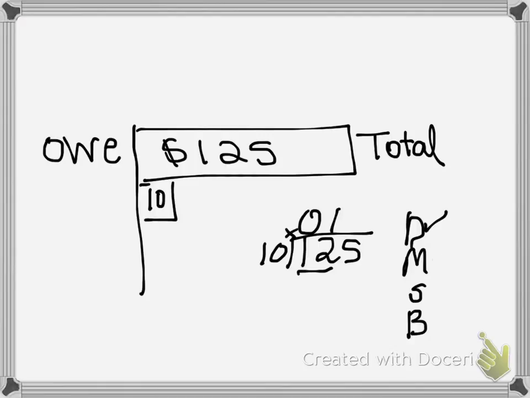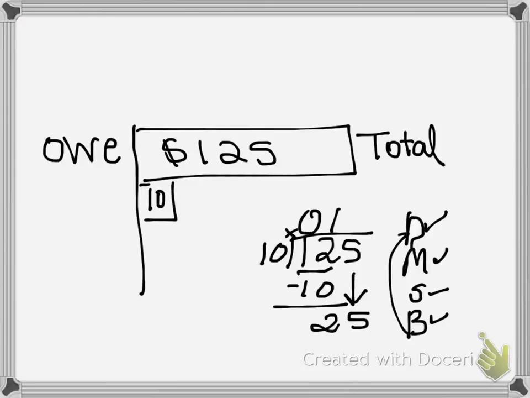We're going to multiply. 1 times 10 is 10. Now we're going to subtract. 12 minus 10 is 2. Bring down your 5. 10 goes in, and then you start over. Okay, 10 goes into 25 2 times. 2 times 10 is 20. Subtract that, and we have 5 left over. So we have 12 with a remainder of 5.